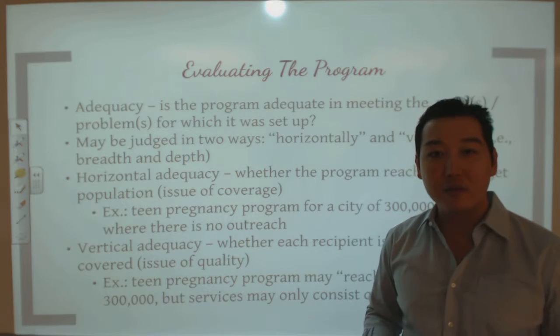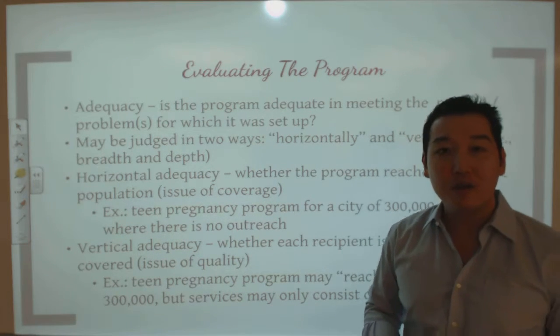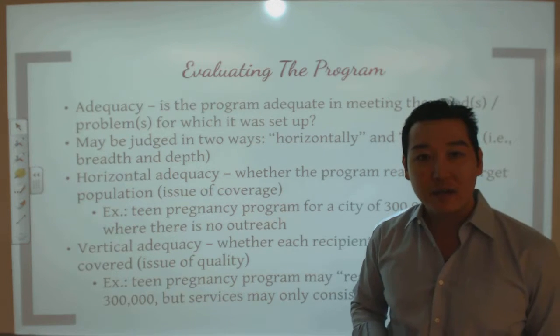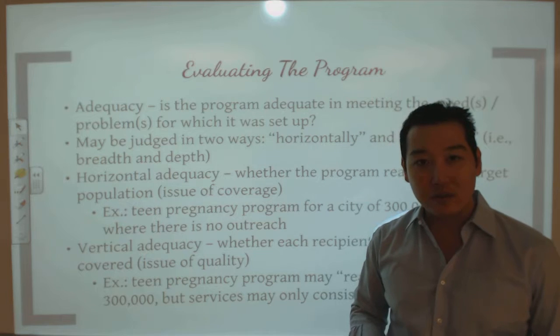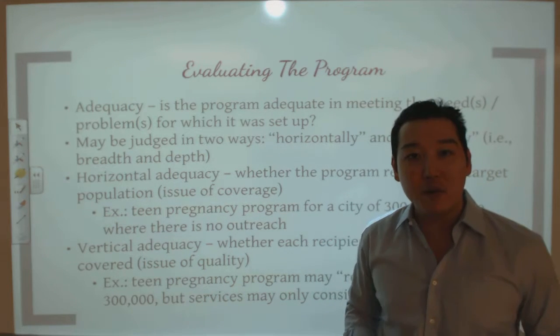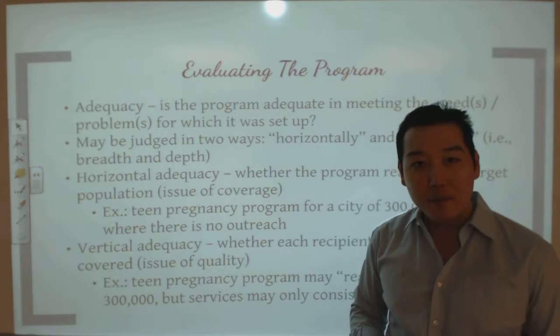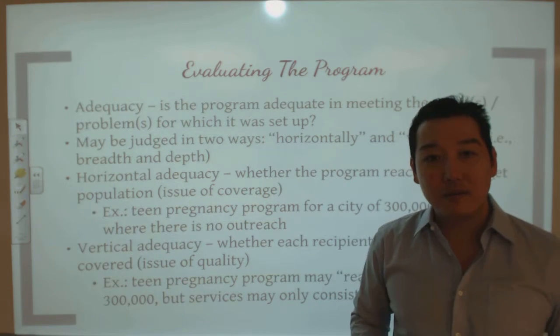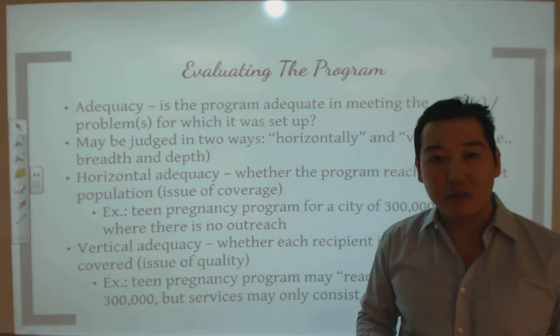Horizontal adequacy is an issue of reach. Is your program or policy reaching its intended audience? That's a question you have to ask yourself. Vertical adequacy is not an issue of reach or the expansiveness of coverage, but more about the quality or the depth of services that are offered at your agency. So you want to make note of both aspects of adequacy.